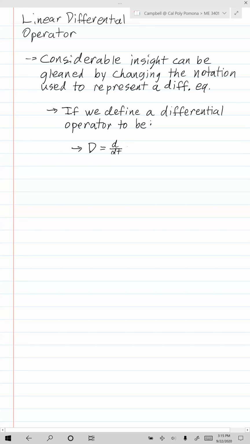Here, I'm just using t as the independent variable. Of course, it can be whatever independent variable you're working with.